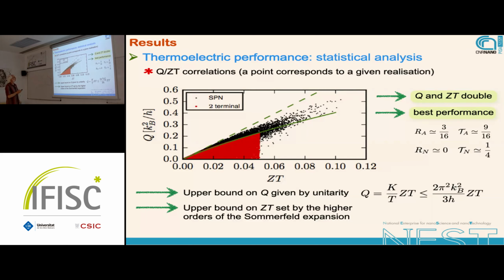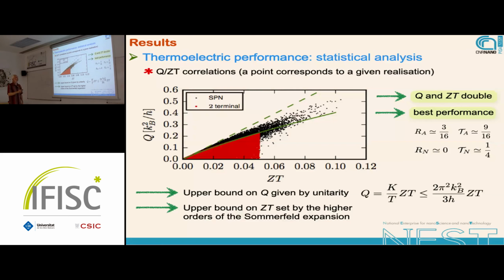Each point is a given realization, so it's a given choice of parameters. Since we don't know exactly which system we are considering, we just take at random some set of parameters. We put a point here, which gives you the value of ZT and the value of Q. What you want is to be in this region here, high Q, so high output power, high ZT.